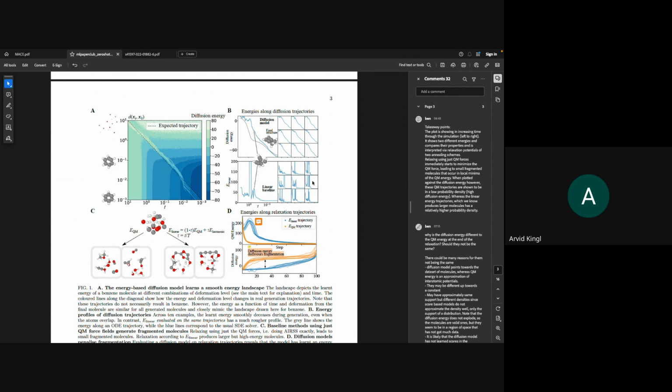Because it's all local, it's supposed to work on local environments. If you know which local environments tend to work well because you have a catalyst in place, you might be able to find out what kind of catalyst works for turning molecule A into molecule B, because in this diffusive space, that might be the shortest path between them. But again, that is highly speculative.